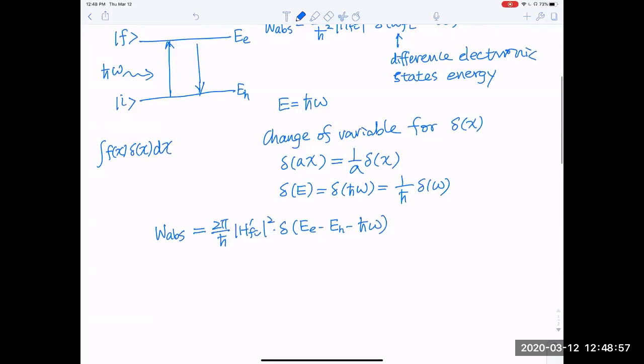By the same token, we will have emission. This will be stimulated emission.